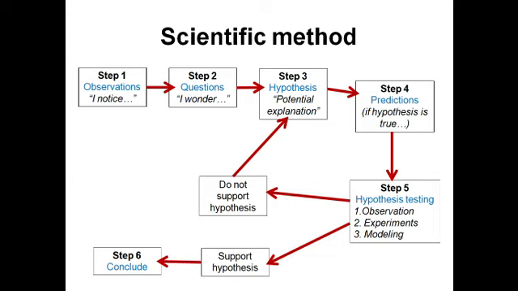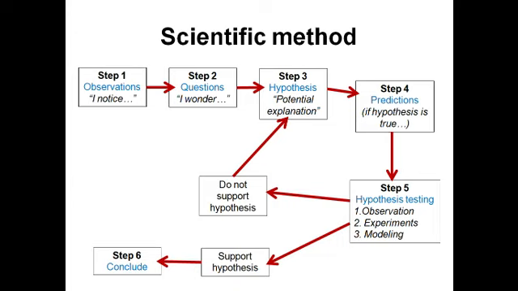If your statistical inferences are not supporting your hypothesis, then you have to go back to step 3, and you may need to modify your hypothesis, or you may have to come up with a different hypothesis and redo this process. So that's the beauty of the scientific method. It's an iterative process, right? And it's very specific, and anybody can do it, and you can repeat it.